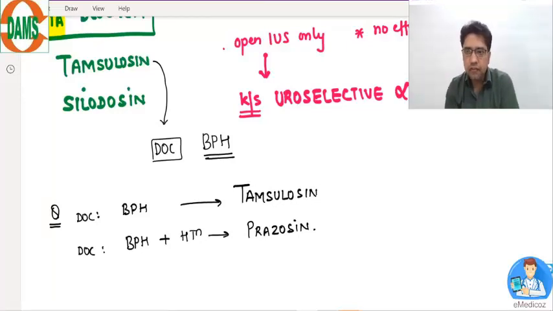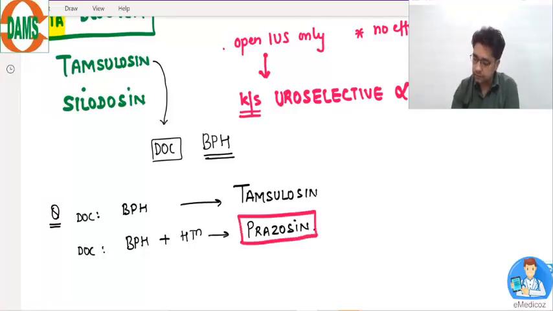Now tell me, which drug will cause hypotension as a side effect? The drug which causes hypotension as a side effect is prazosin.